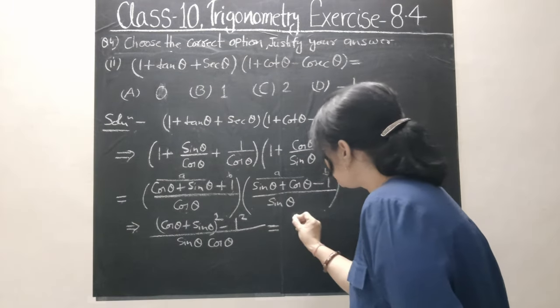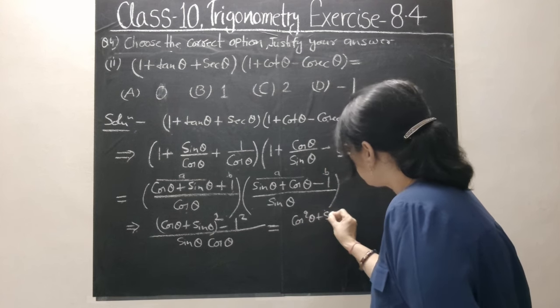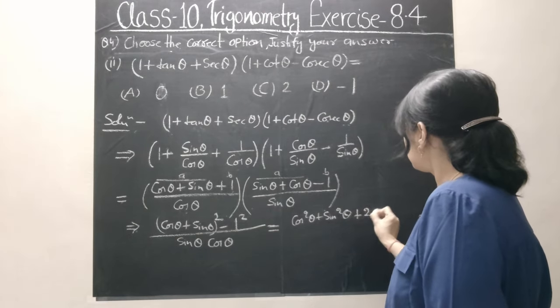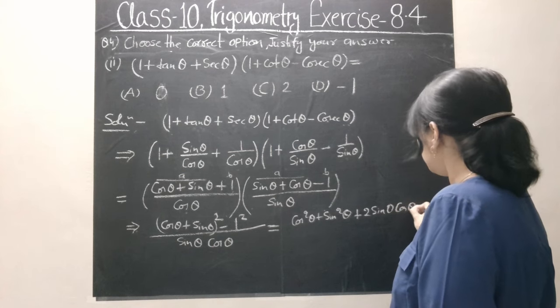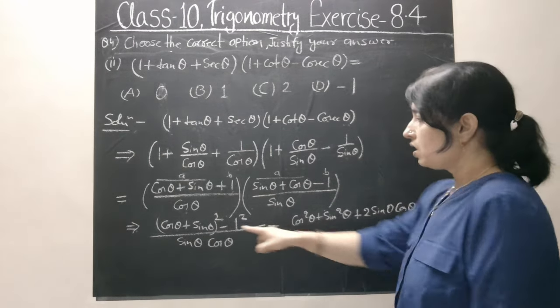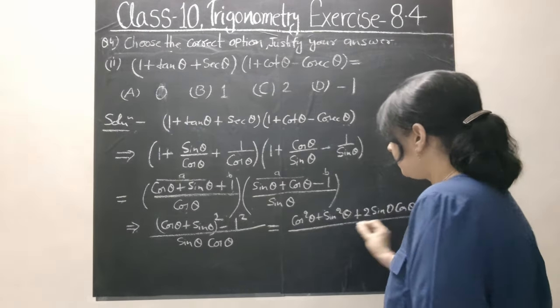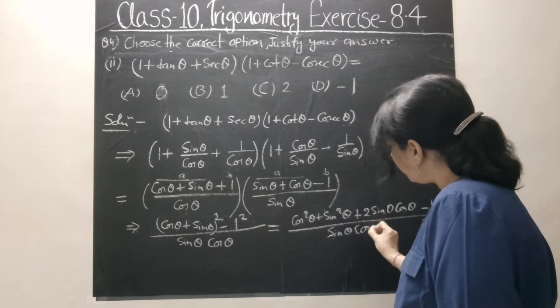So we can write cos square theta plus sin square theta plus 2 sin theta into cos theta, minus square of 1 will be 1, divided by sin theta into cos theta.